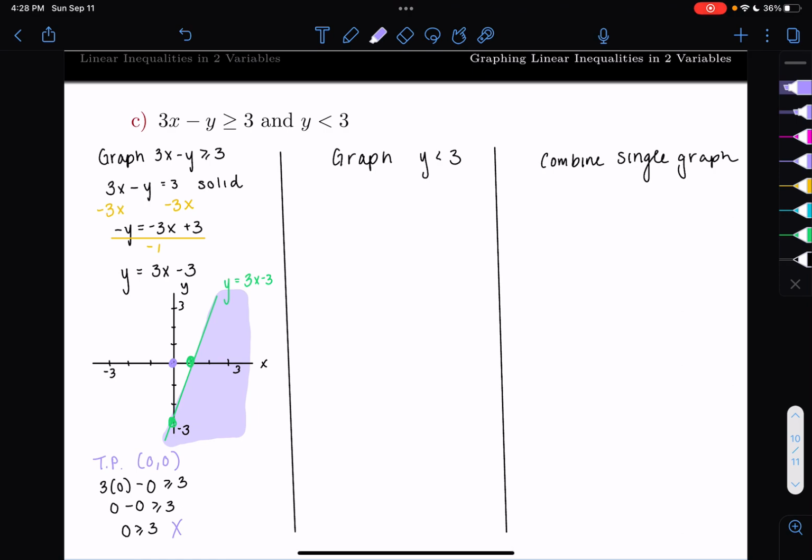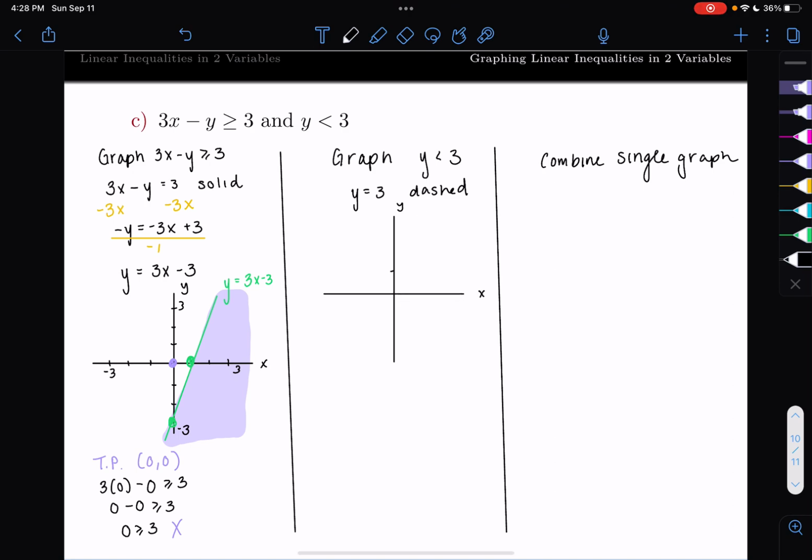Now I'm going to do exactly the same thing for the second line. And I don't have the bar underneath. So this means we're going to graph y equals 3 as a dashed line. And so that is going to be a nice horizontal line.